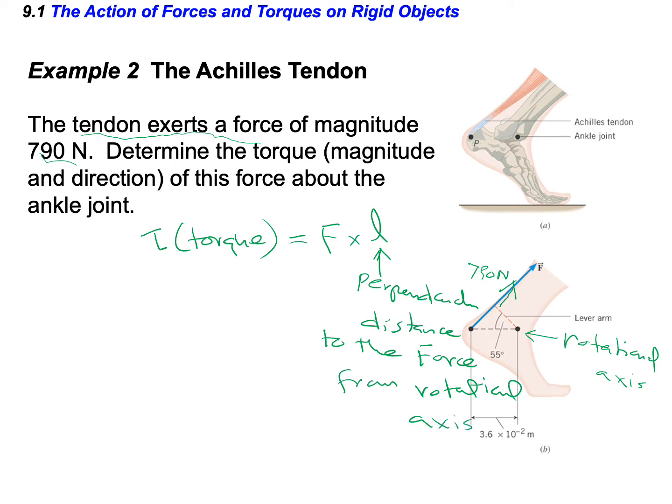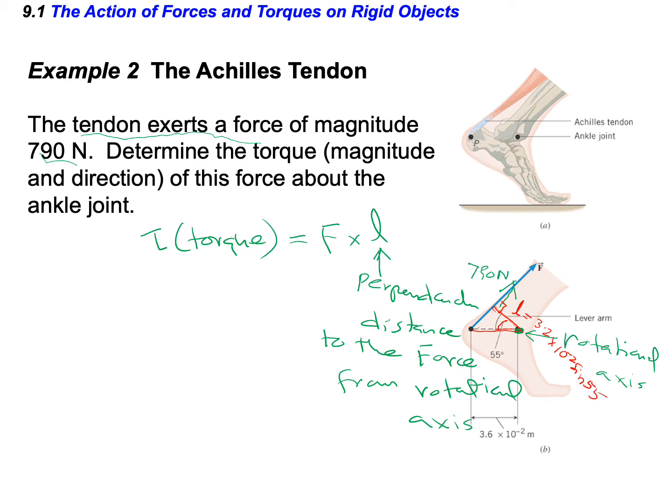So this is the axis of rotation, and the perpendicular distance is, let me use a different color. We know this distance, and this is the perpendicular distance, so this is your L. If you know this distance and this angle, L equals 3.6 times 10 to the negative 2 sine 55.